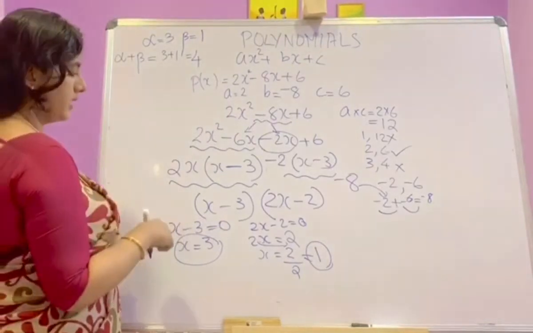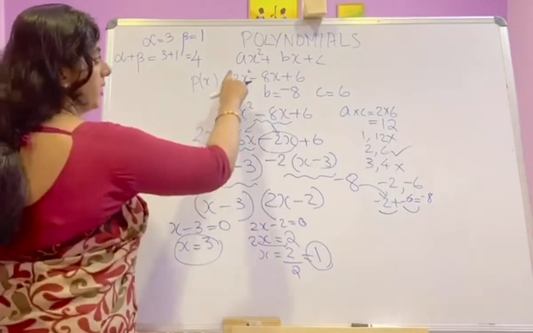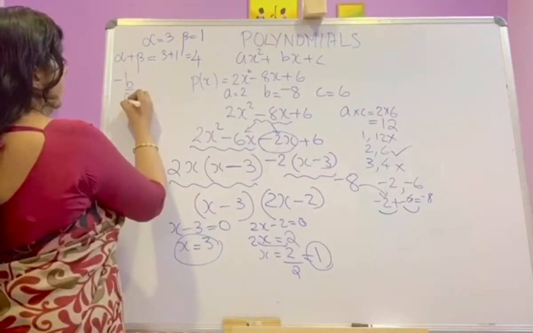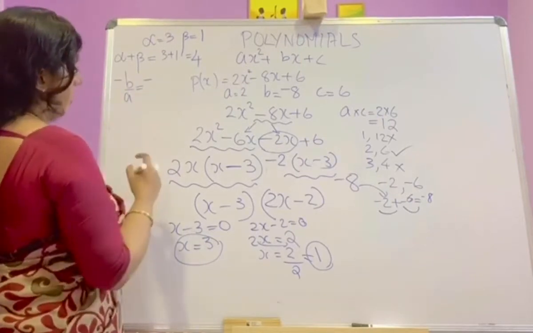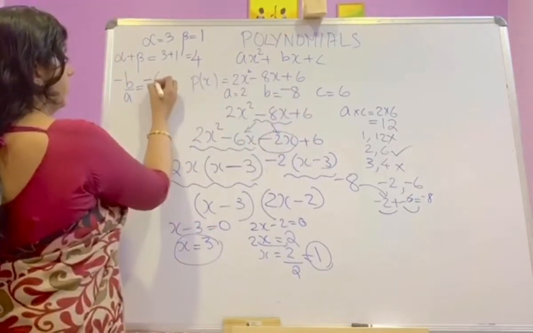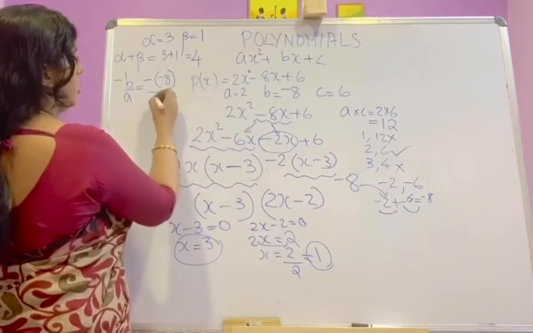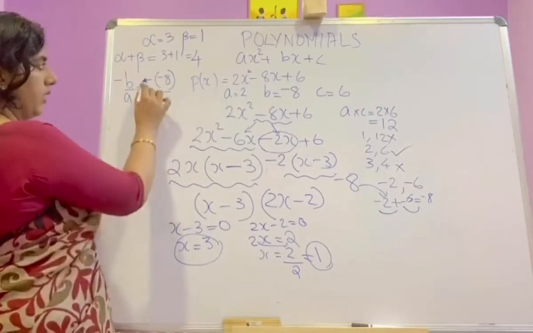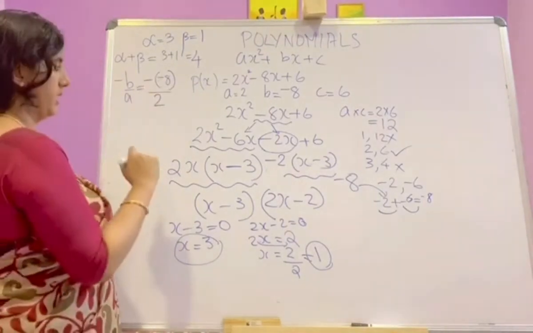Now, let us consider negative b by a from this polynomial. We want to check negative b by a is equal to, negative is there in the formula. Now b was negative 8. So b is negative 8, by a is 2. Negative of negative 8, these two negatives become positive.